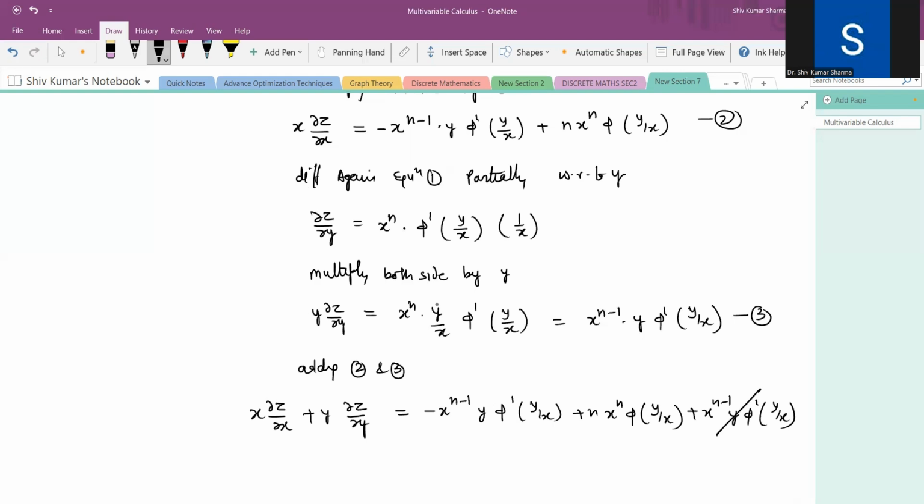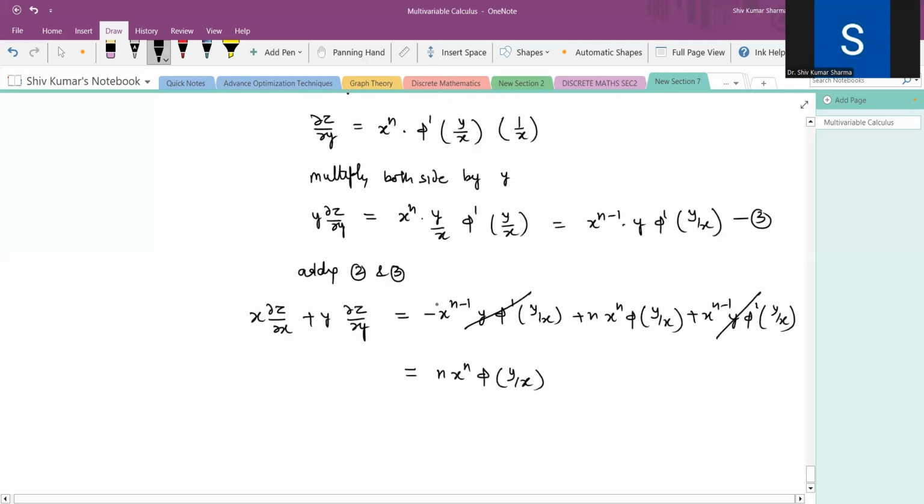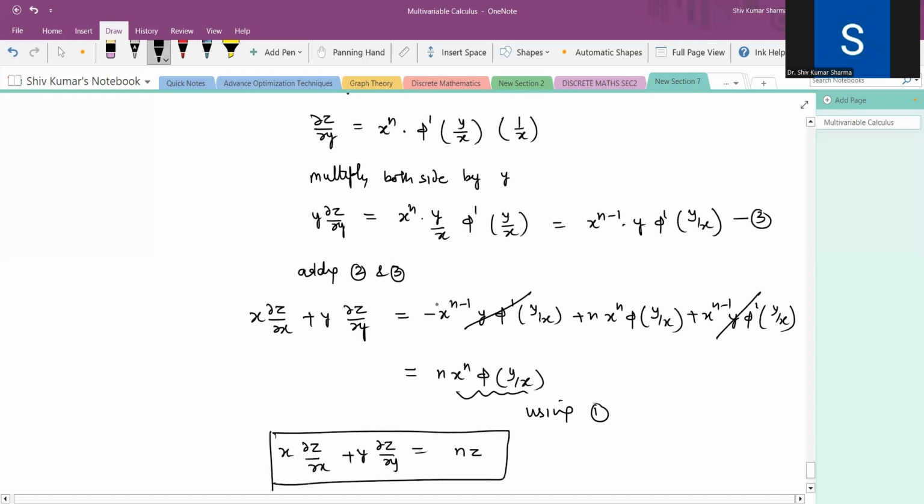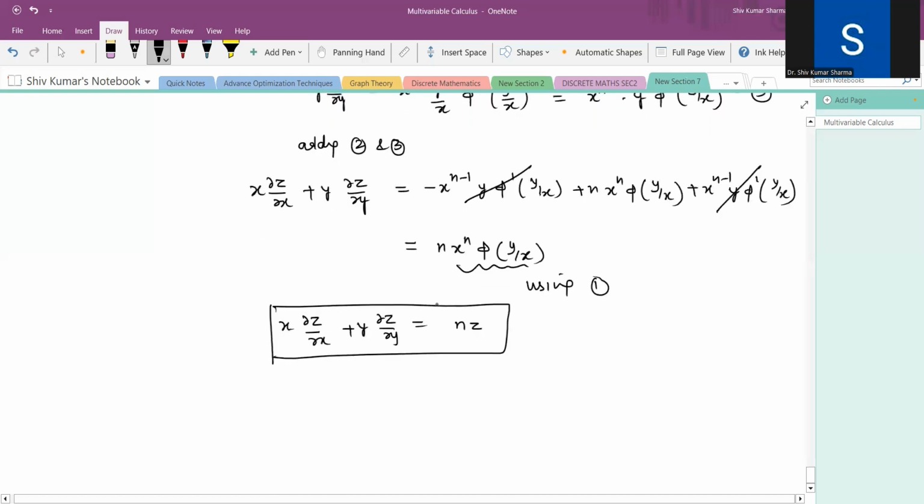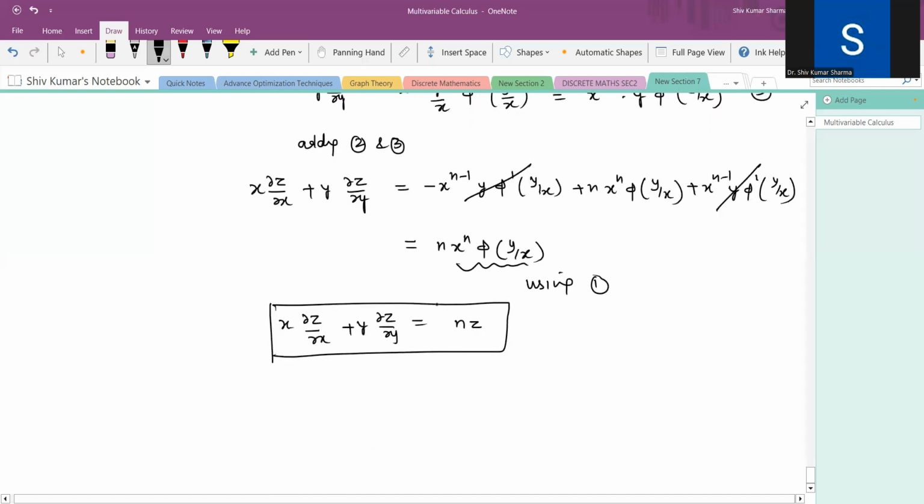So this term will be cancelled by this term. The RHS is n x raised to the power n phi of y upon x. Here we use equation 1 for this, so this will equal z. So x del z upon del x plus y del z upon del y is equal to n z. This is our Euler's theorem for two variables, x and y.